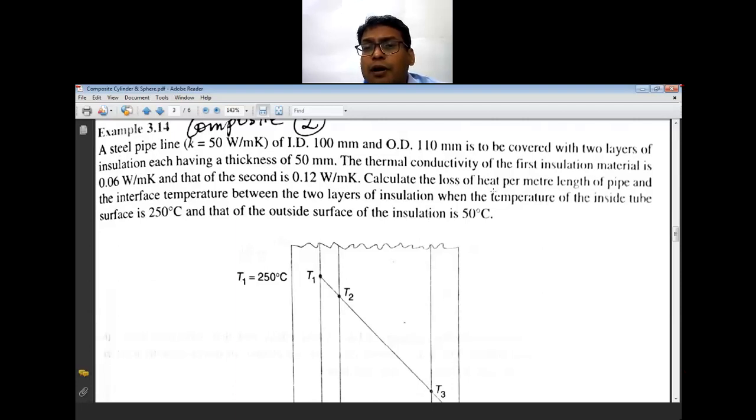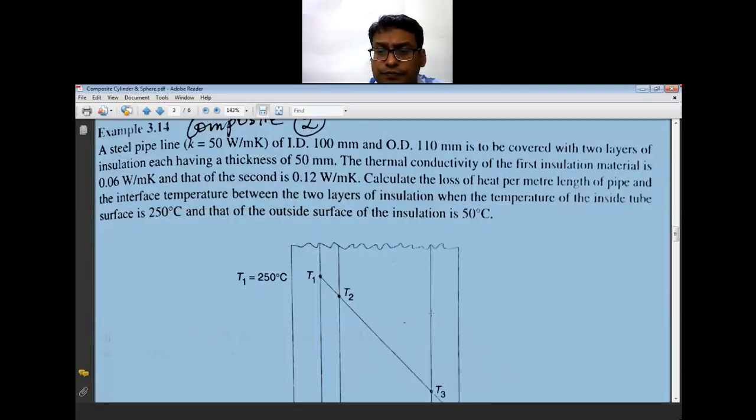Calculate the heat loss per meter length of the pipe through the complete metal and the two layers of insulation, and the interface temperature between the two layers of insulation. So T3 is nothing but the interface temperature of the insulation.